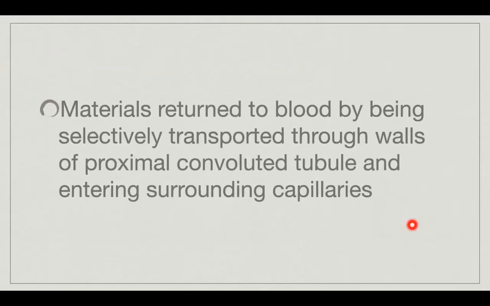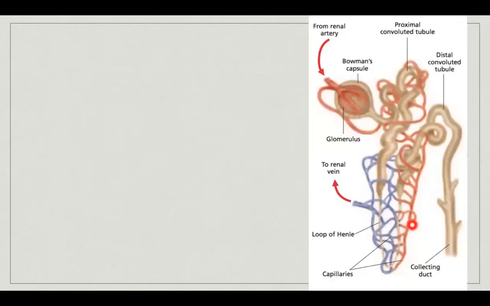Materials are returned to the blood by being selectively transported through the walls of the proximal convoluted tubule and entering the surrounding capillaries. And that's called reabsorption. So again, we've got filtration here, and we've got reabsorption in the proximal convoluted tubule.